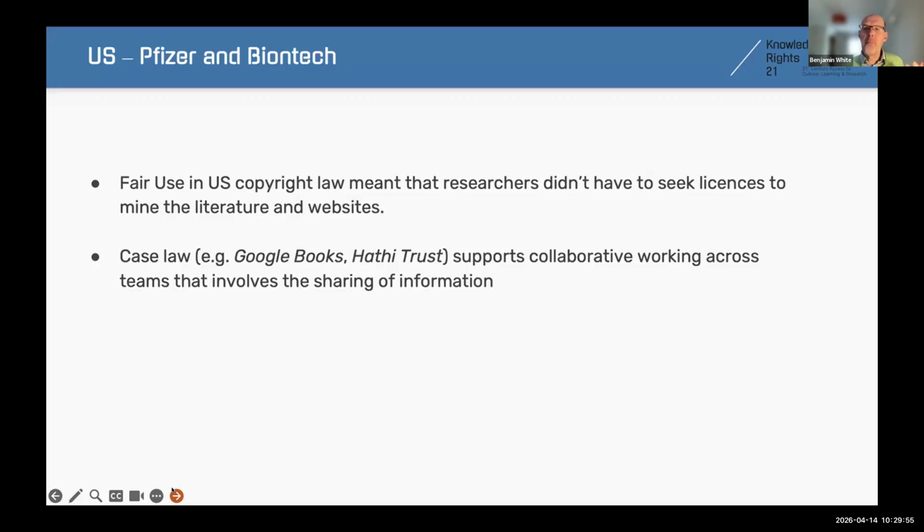They wouldn't have had to go back to 1,000 publishers and 1 million website owners, or negotiate with X, Facebook, etc., to analyze social media. They could have just gone and done it.